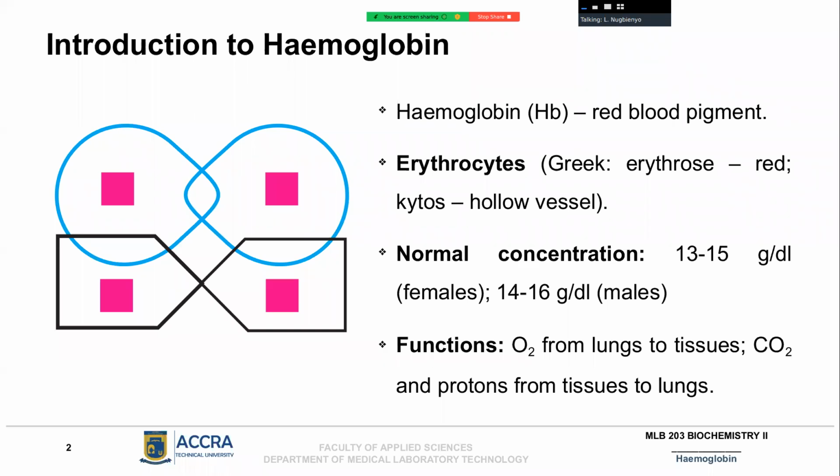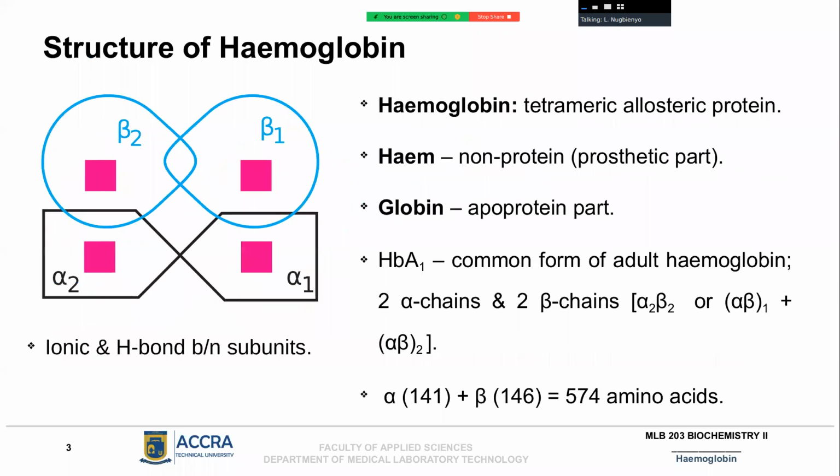And we also know the function of hemoglobin to be the carriage of oxygen from the lungs to the tissues, and then carbon dioxide from the tissues to the lungs. So we delve in deeper to see how this structure looks.